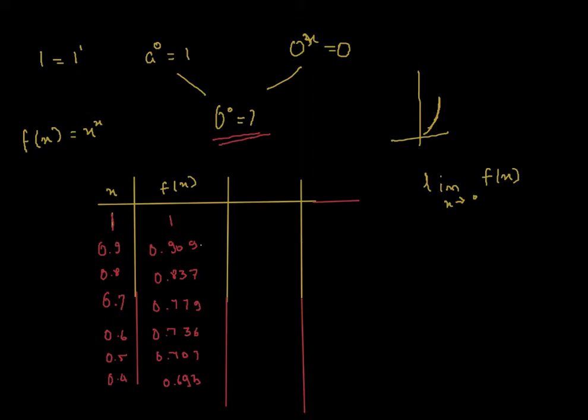The slope here was very steep because the jump from here to here was a lot. For every 0.1 jump in x, there was a 0.1 jump in y. But this time the slope is a lot more gentle, so the derivative, we can say, is a lot less than the previous times.